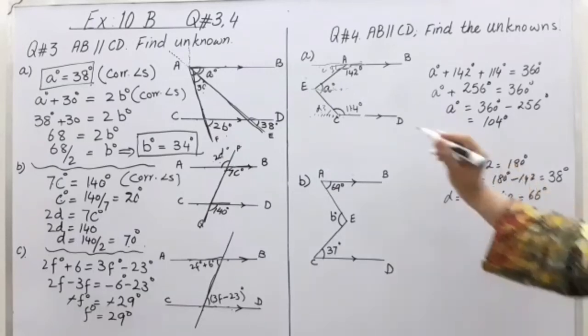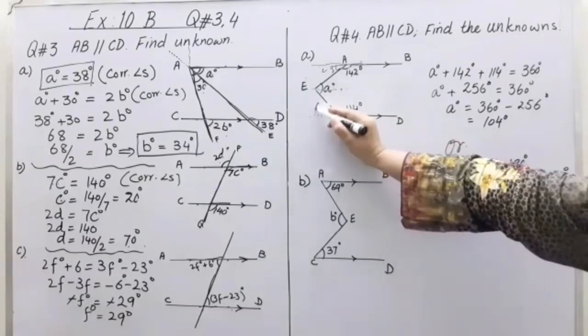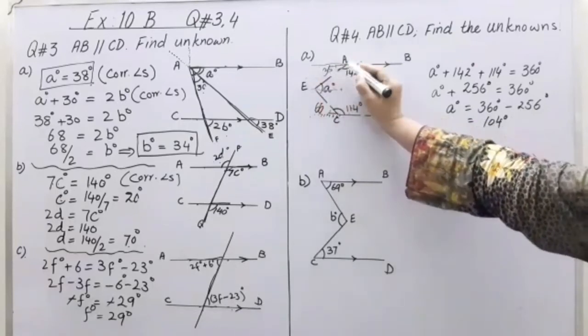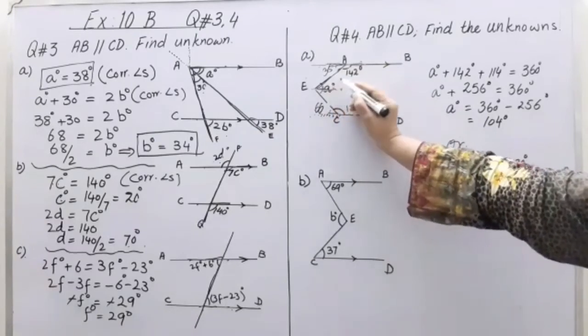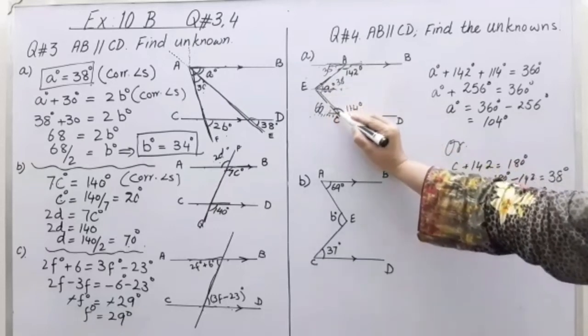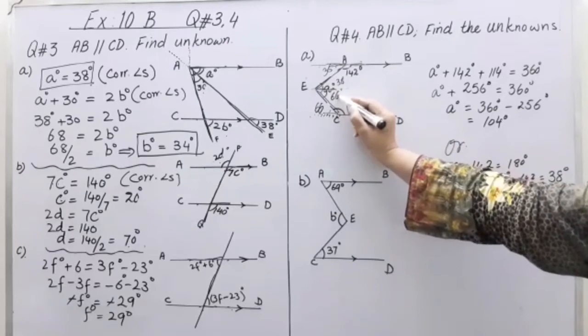Now this is 66 and this is 38. This makes a Z here. Half portion of A is 38 and half portion of this second Z is here. Half portion of A is 66.